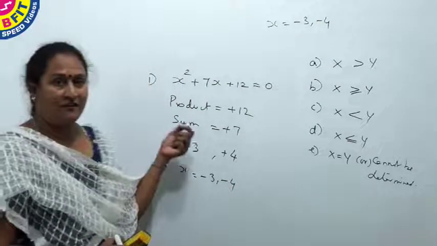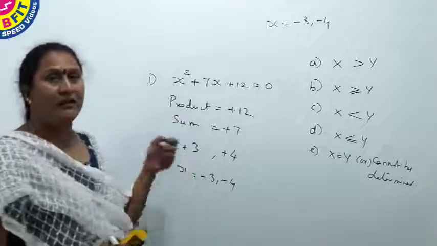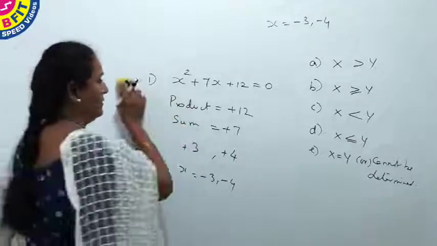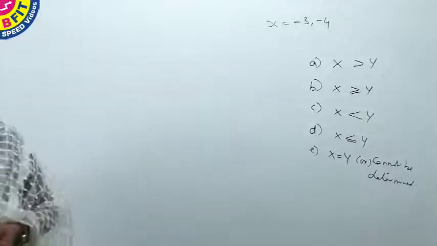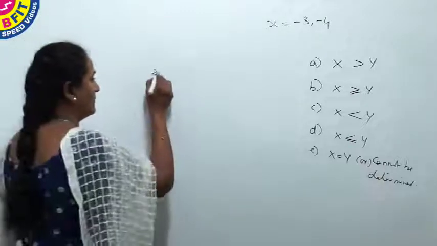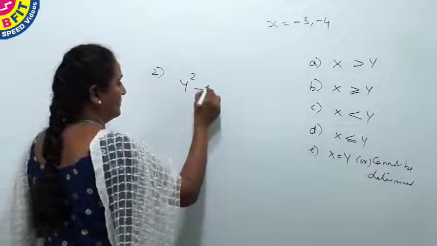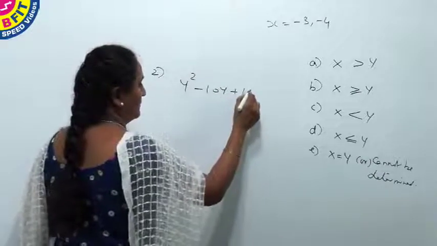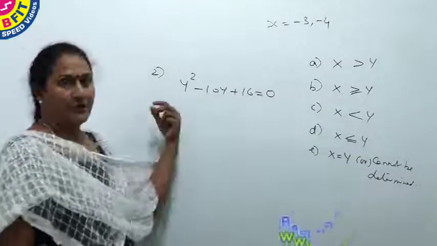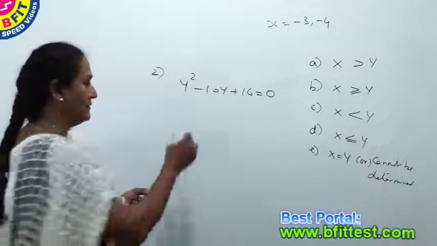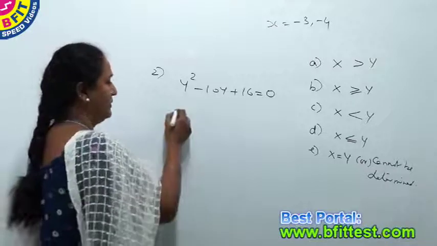So the second equation is in y, and solving you get the values of y. And now using the same format, the product should be 16.